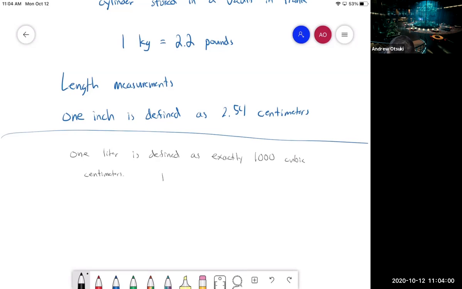Or like this: we know that 1 milliliter is equivalent to 0.001 liters, which equals 1 centimeter cubed. There's a depiction of a cube on this slide, and I went over that earlier. So that's the background for the cubic centimeter.